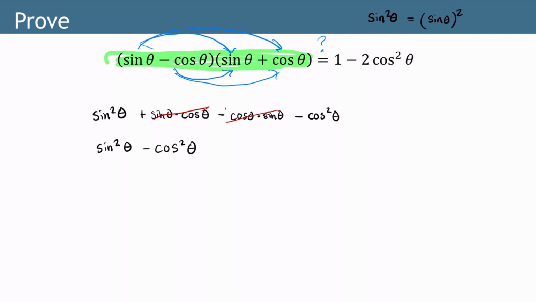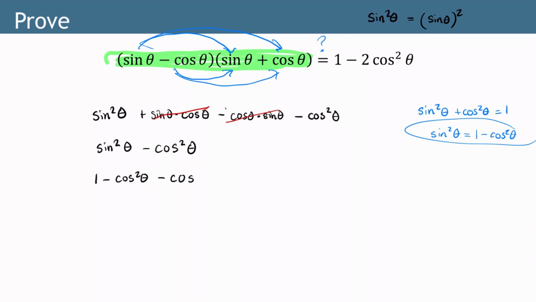Well, that's where, like on the last page, sine squared theta plus cosine squared theta equals 1. I know that if I pull that cosine over, I get this. Aha. So I'm going to use this. So sine squared I could replace with 1 minus cosine squared.